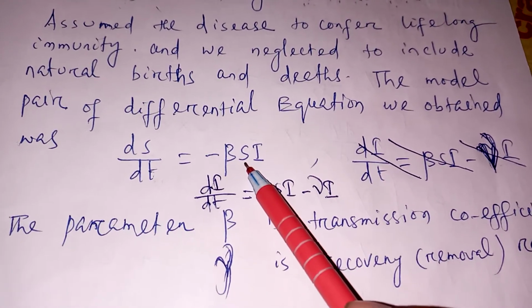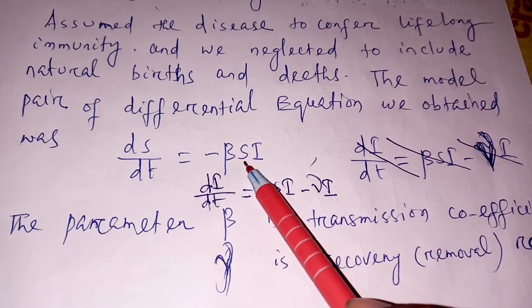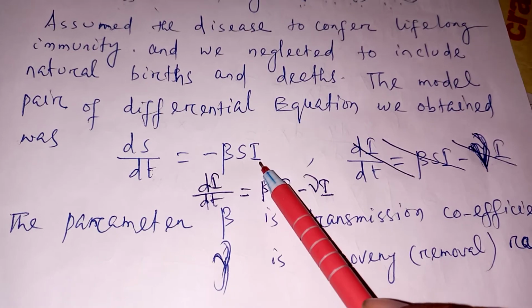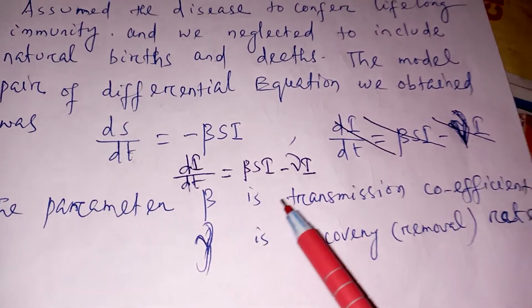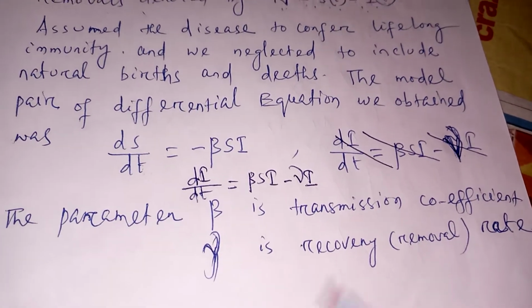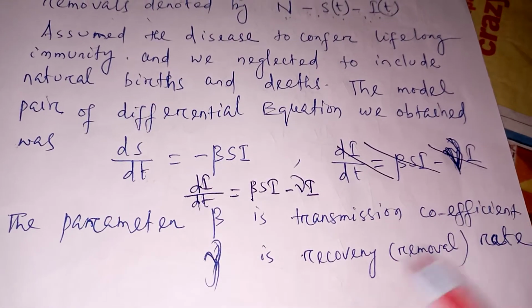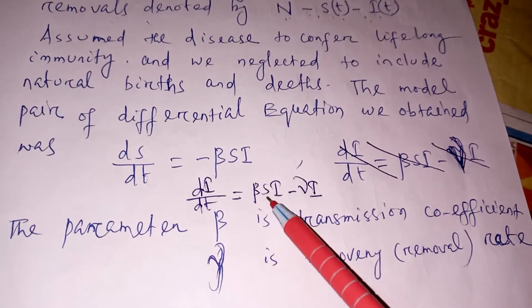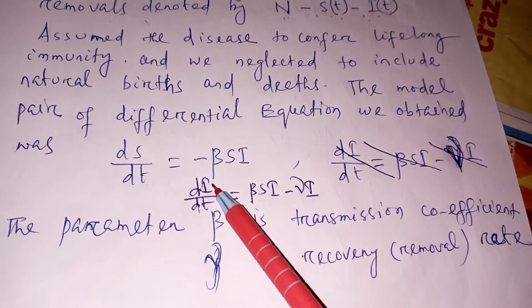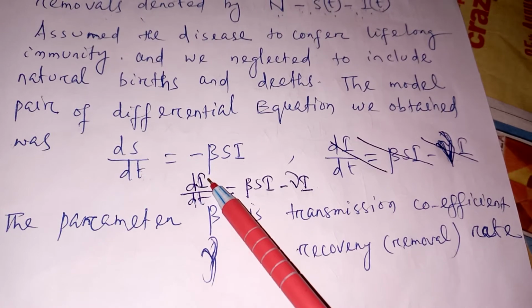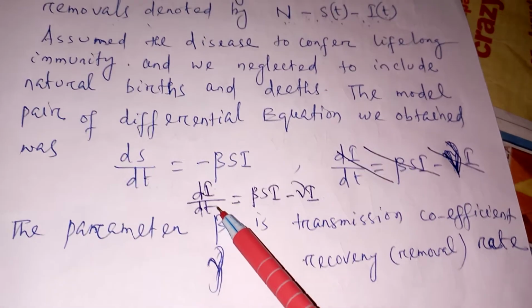S is the number of susceptible people, I is the number of infected, and what is beta? Beta is the transmission coefficient. dI by dt equals beta S I minus gamma I. dI by dt means the rate of change of the infectious disease with respect to time.